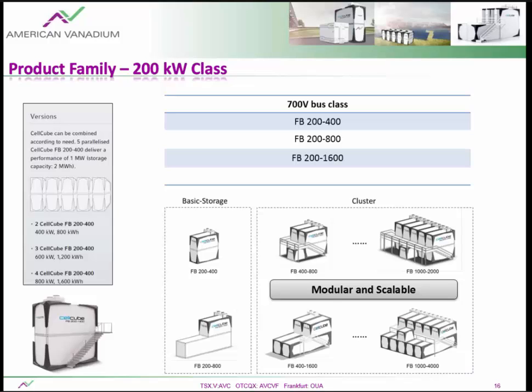For the larger systems, we have 3 different configurations for different durations of storage. So there's the 200 kilowatt, 400 kilowatt hour system, as you can see at the top table, the 200, 800 kilowatt hour, 200 kilowatt, 1600 kilowatt hour. So you'd get 2, 4, and 8 hour duration respectively.